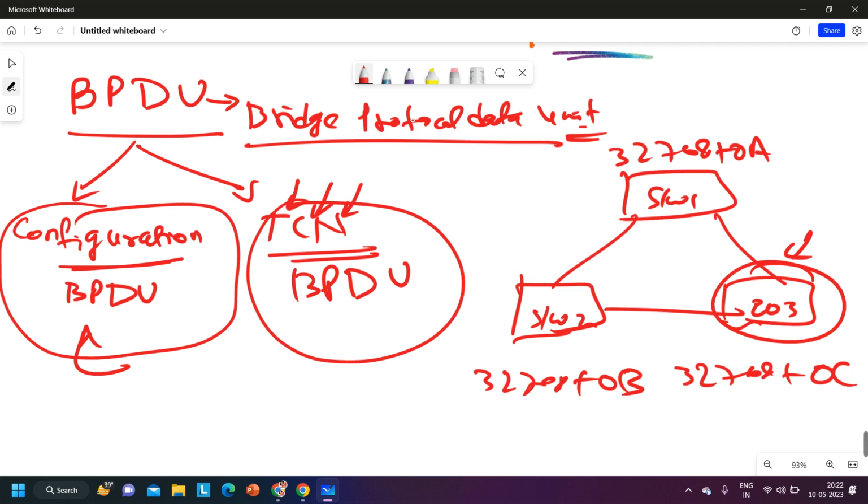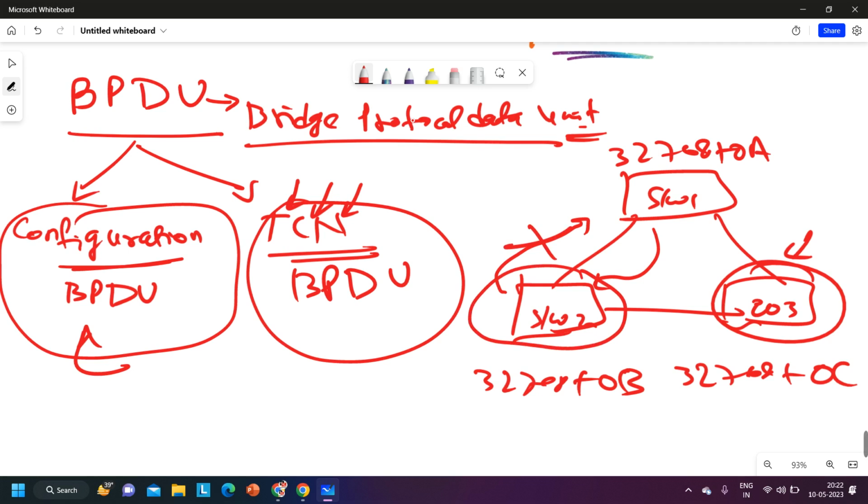Like that, every switch is thinking I am root bridge, I am root bridge. So whenever a switch comes up, it will send configuration BPDU. In the same way, switch 1 will also send configuration BPDU, because both are thinking I am root bridge. But when switch 2 receives the BPDU of switch 1, it will stop advertising configuration BPDU.